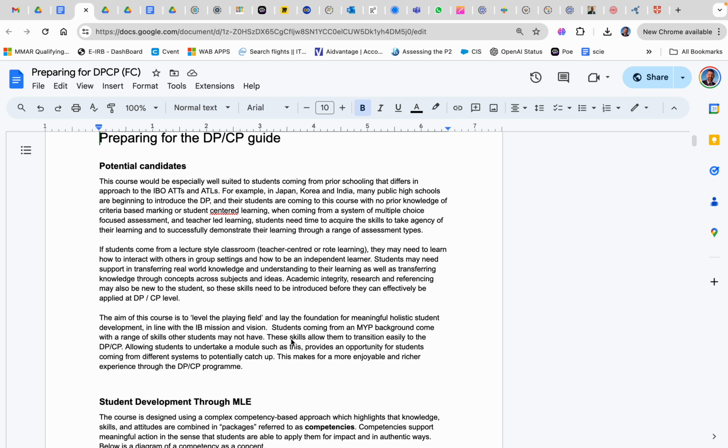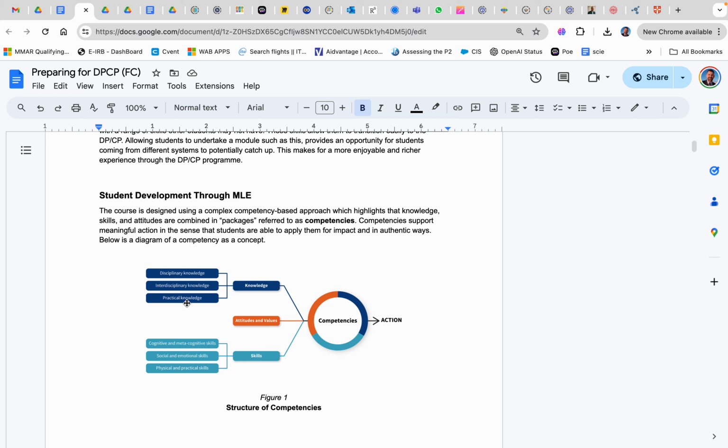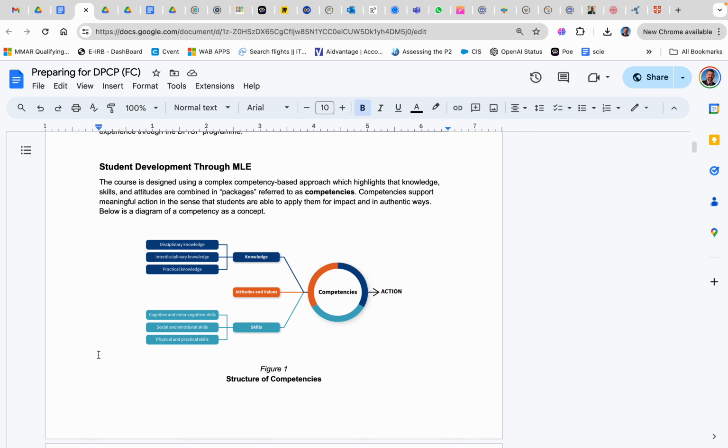The idea for this version of our preparing for the DPCP MLE was based around a complex competency approach. The complex competency is the idea that it's not just knowledge, it's not just skills, it's not just attitudes and values, it's a combination of those things.